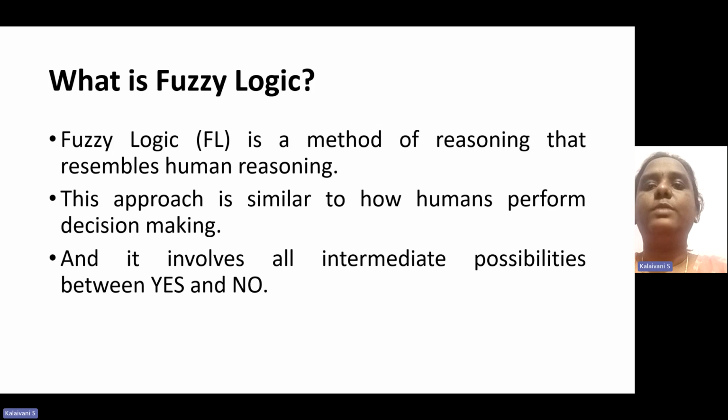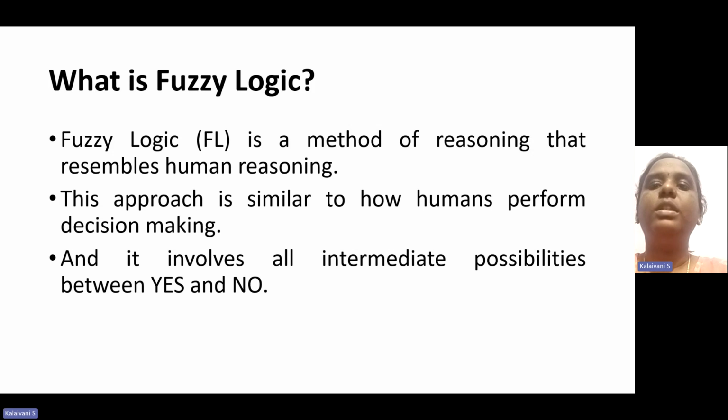In the next point, they have given that this approach is similar to how humans perform decision making. This fuzzy logic also helps us support humans in performing better decision making. For that only we are going for this fuzzy logic. It is better if you have something about that particular concept, and there is always the saying that something is better than nothing.